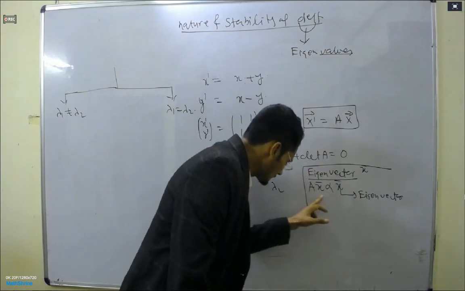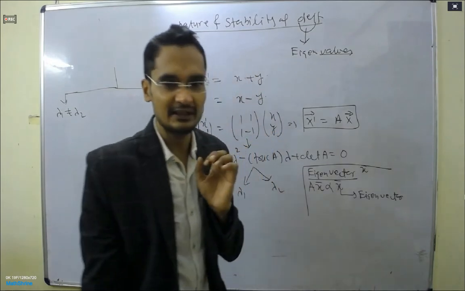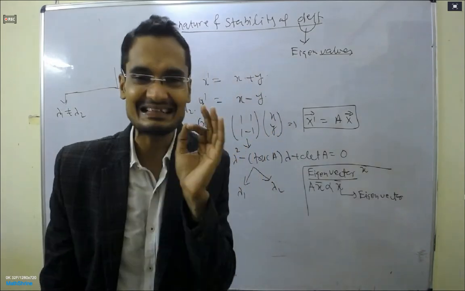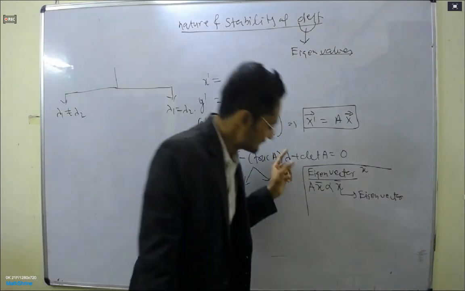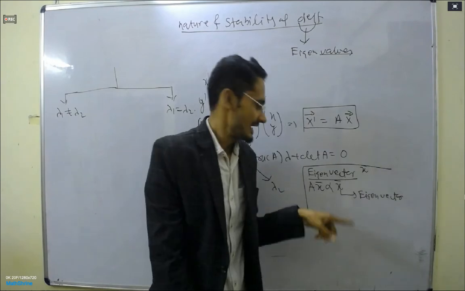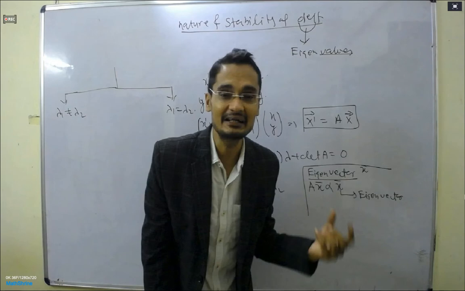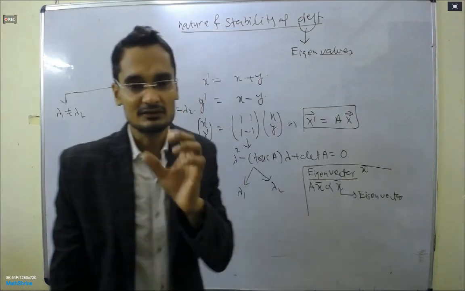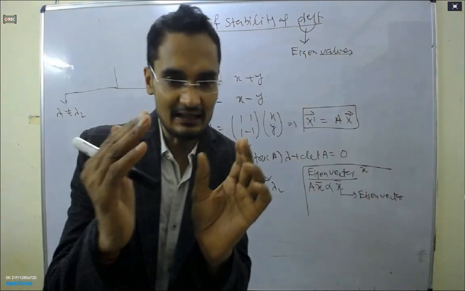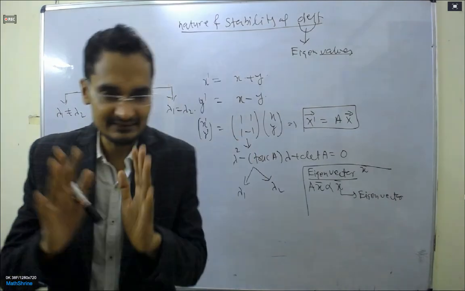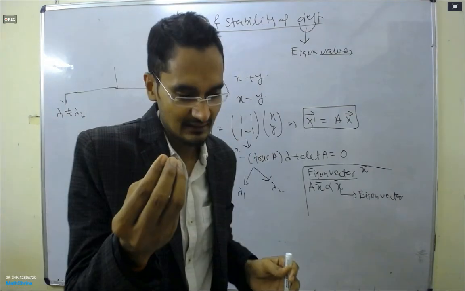Then definitely we need a tool, and this proportionality constant will give you AX equal to lambda times X. Then this lambda will determine the real location of our space. Like your home has an address written, that is the eigenvalue. The space, even this room that we are utilizing, is known as the eigenspace.